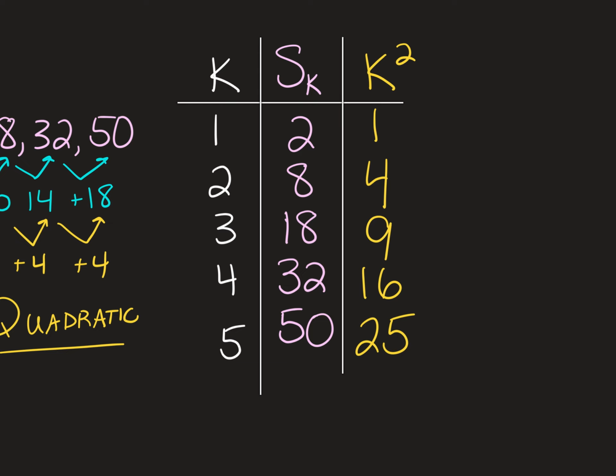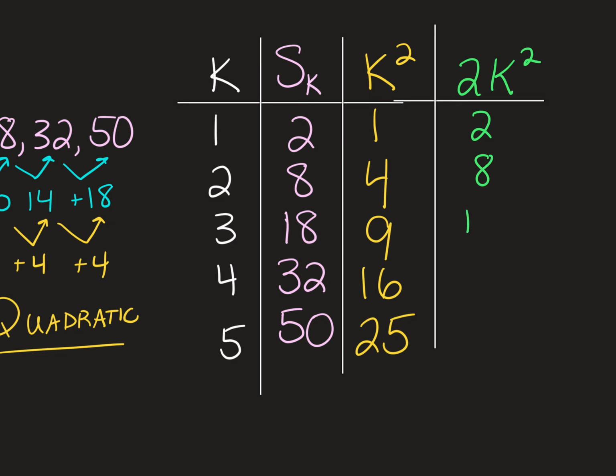You don't necessarily have to. I'm just showing you why this works. So if I add on that last column and look at what happens when we do 2 times K squared, multiplying everything in that last column by 2, we get 2, 8, 18, 32, and 50. And these 2 columns match.